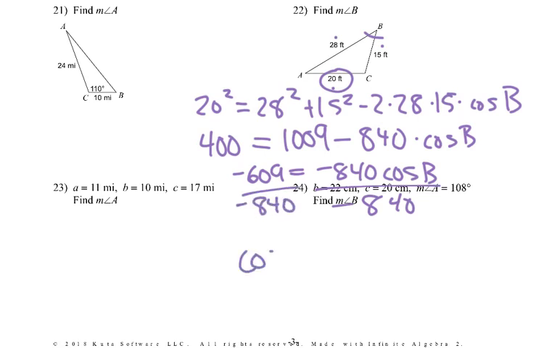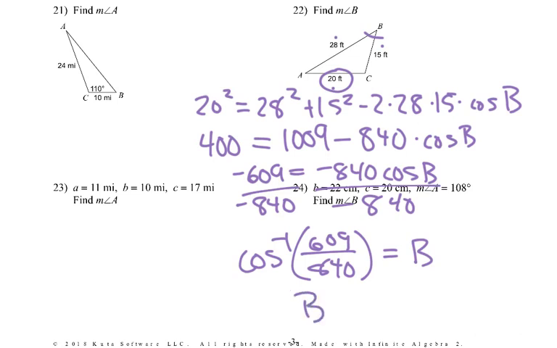So I'm going to get the inverse cosine of 609 over 840, because the negatives cancel, equals angle B. Then I type that into my calculator, and we get 43.5 degrees. So angle B, 43.5 degrees.